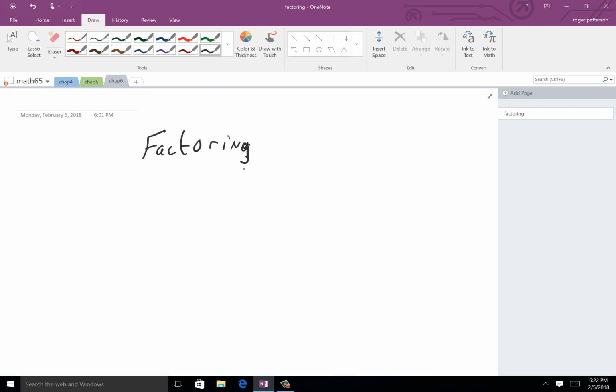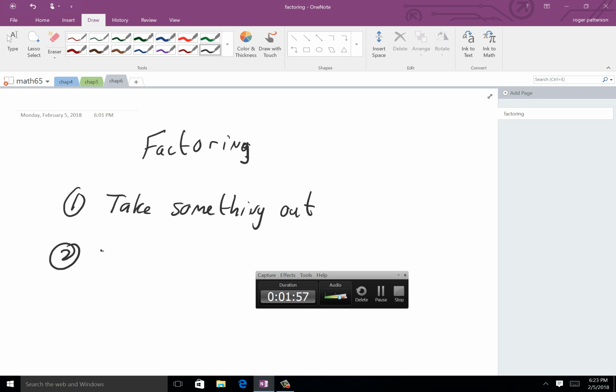So let's start out. First of all, I'm going to make a list here of the different types of factoring methods that there are. And we're going to go through these. When we start doing factoring this week, I will say, well, let's go through our factoring strategies and see which one we can apply. So the first one I wrote down there is take something out.